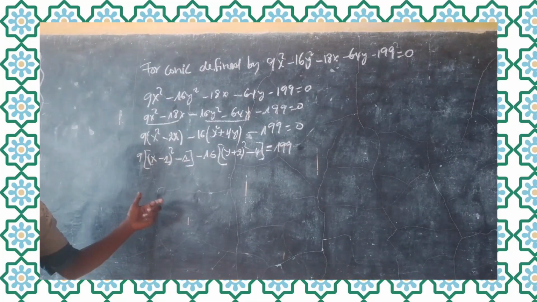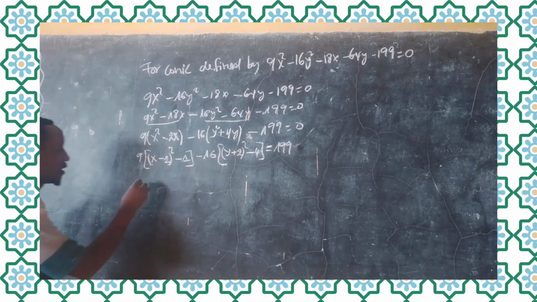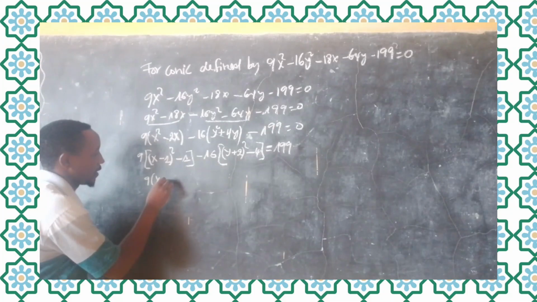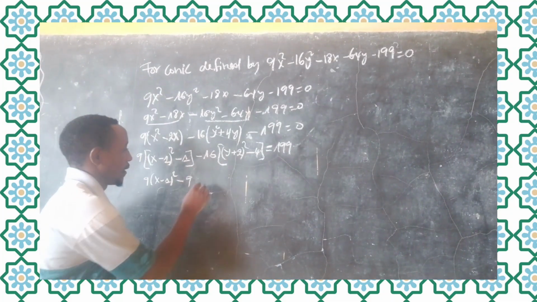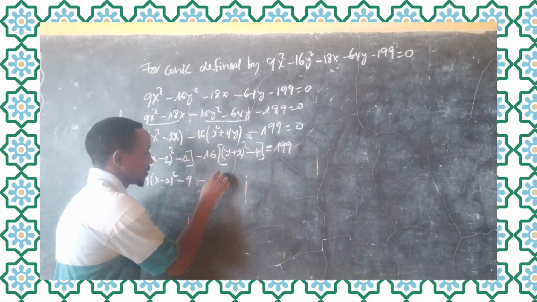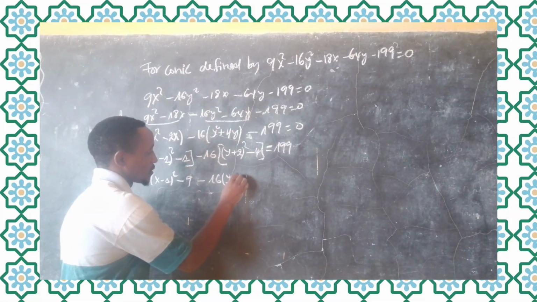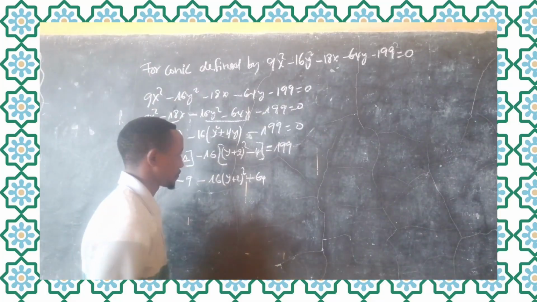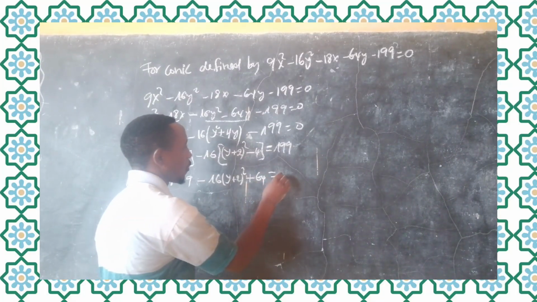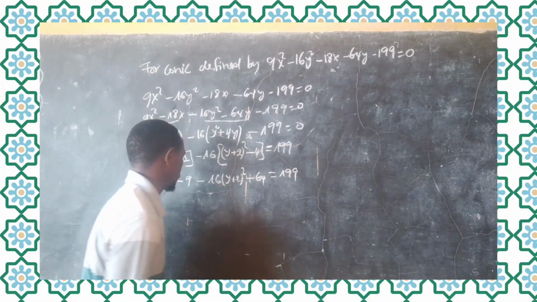Then we eliminate the bracket: we get 9 times x minus 1 power 2 minus 9 minus 16 times y plus 2 power 2 plus 64 is equal to 199.